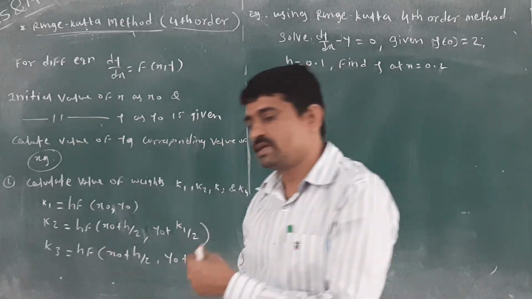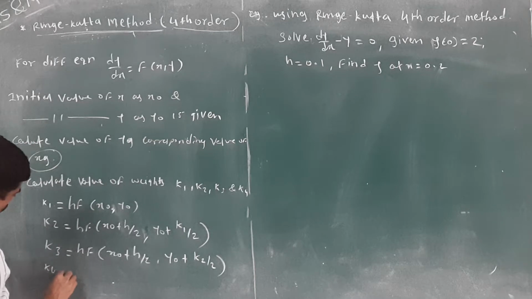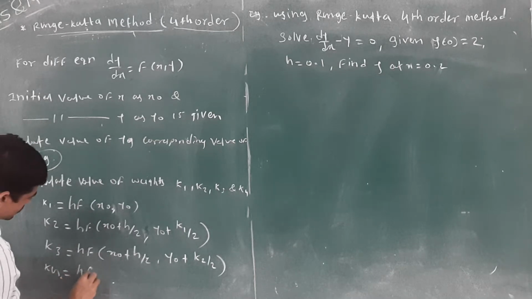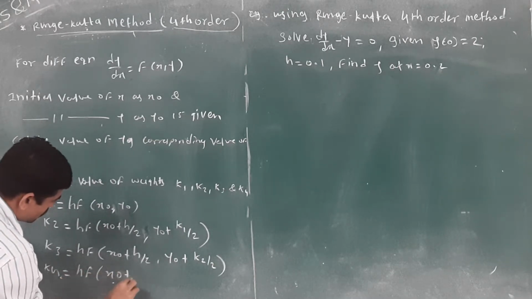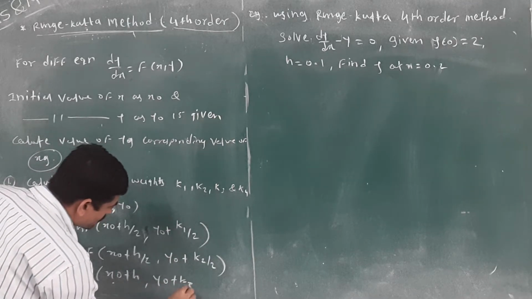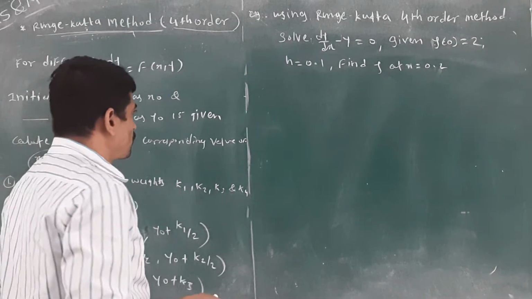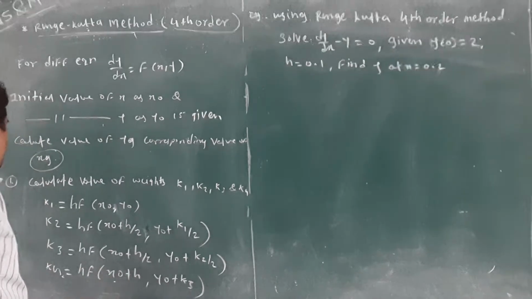And last, we want to calculate the last weight. K4 is equal to h f(x0 plus h, y0 plus k3). All of you should remember this formula, otherwise we can't calculate the value of yg.